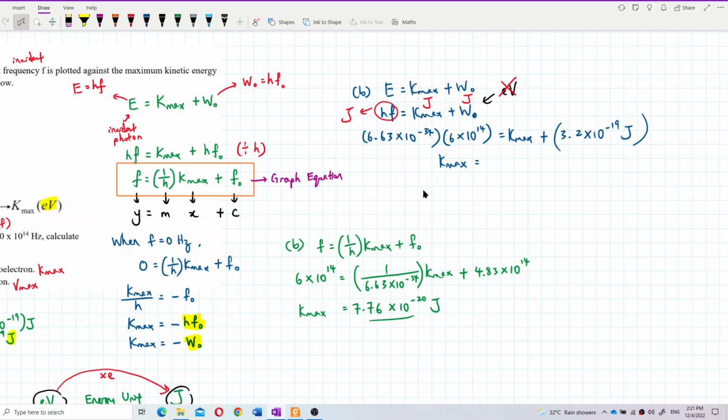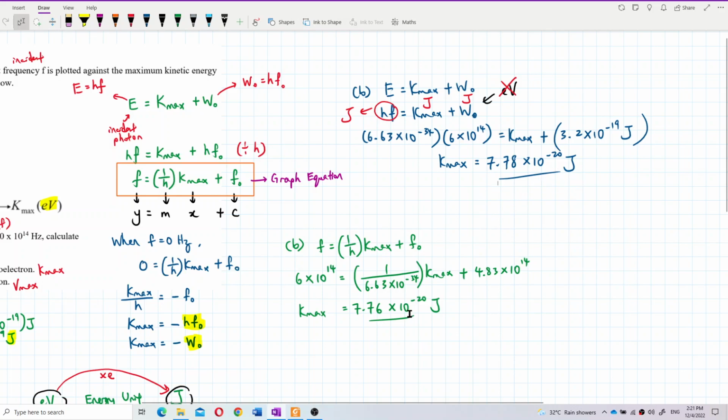My Kmax is equal to 6.63 exponent negative 34 multiplied by 6 exponent 14, and then minus 3.2 exponent negative 19. So my answer is 7.78 exponent negative 20 joule.